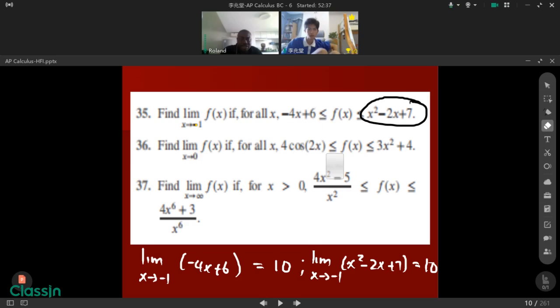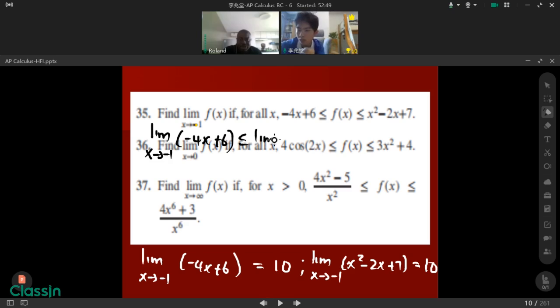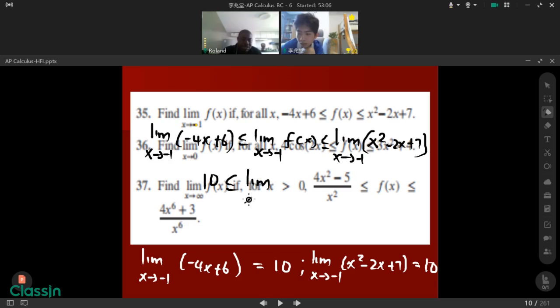We can conclude from this statement here: the limit as x approaches -1 of -4x plus 6, which is at most the limit as x approaches -1 of f of x, we take the limit throughout the expression, which is the limit as x approaches -1 of x squared minus 2x plus 7, which is 10, at most the limit as x approaches -1 of f of x, which is at most 10.